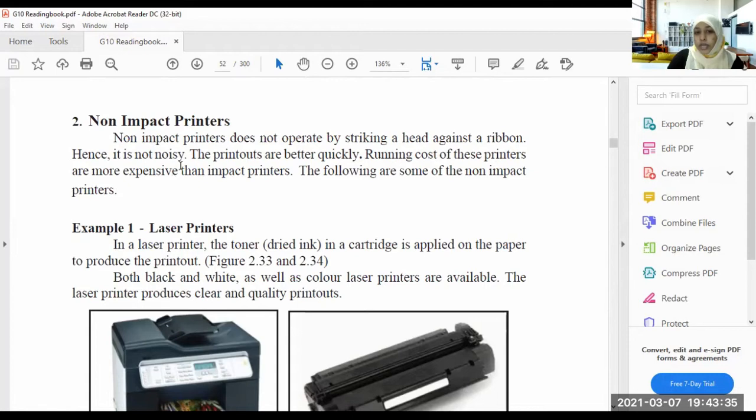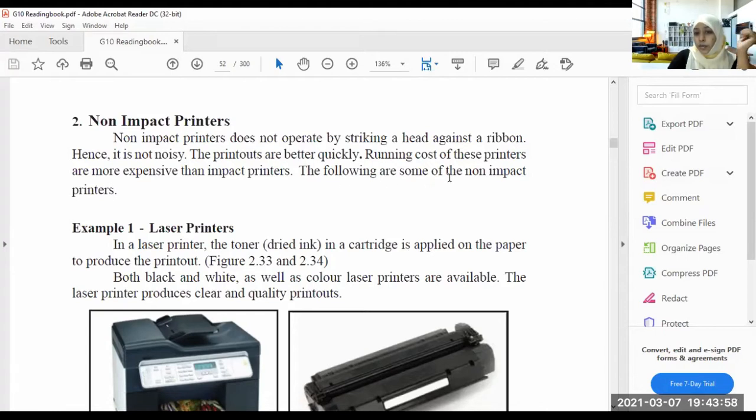Mostly, these printers are used. It doesn't produce any noise. The printouts are delivered quickly. Okay, it prints very quickly. Running cost of these printers is more expensive than impact printers. So comparing with the impact printer, these printers are very expensive.